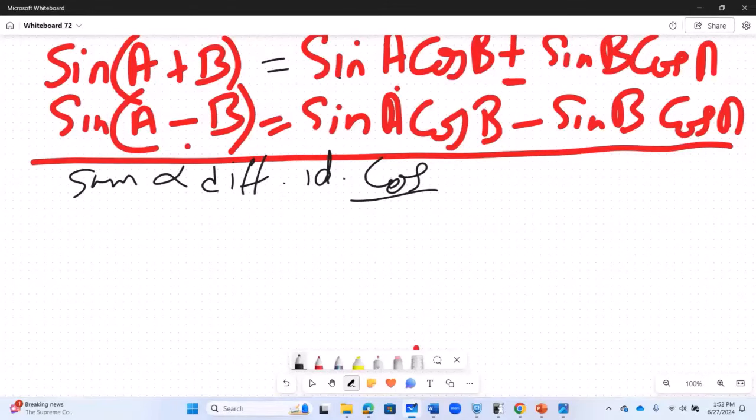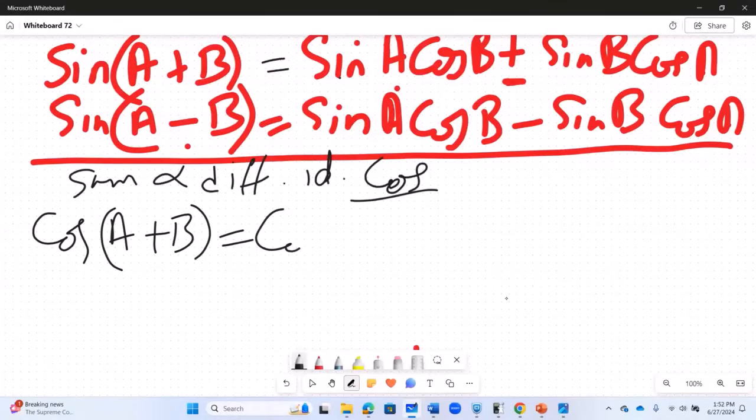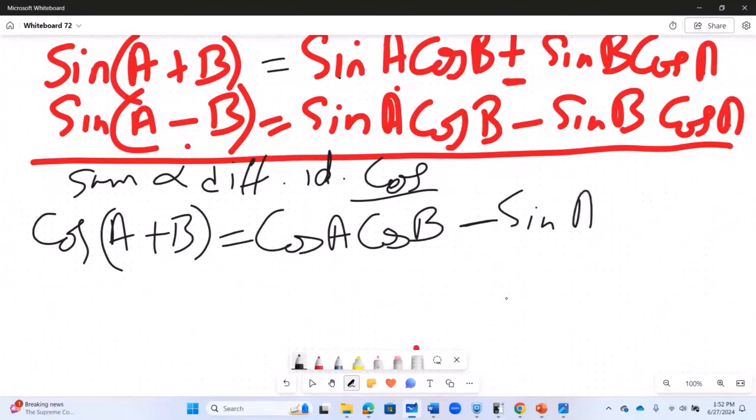This you must make sure you are paying attention. Okay, cosine of A plus B is equal to cos A cos B minus sine A sine B.